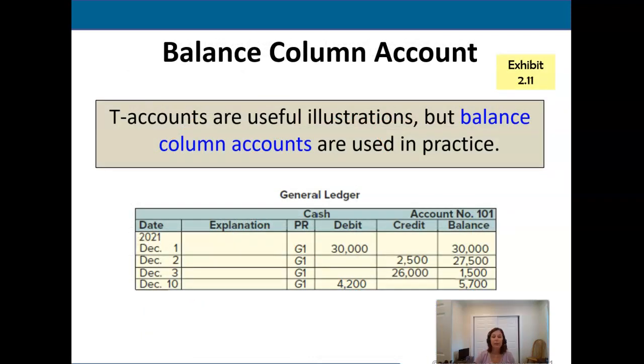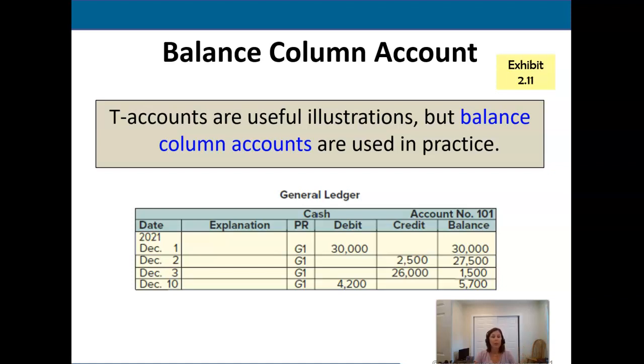Again, it's not enough to be able to just record the transactions in chronological order. We need to keep track of the balances in our accounts. So here's an example of the ledger for our cash account.